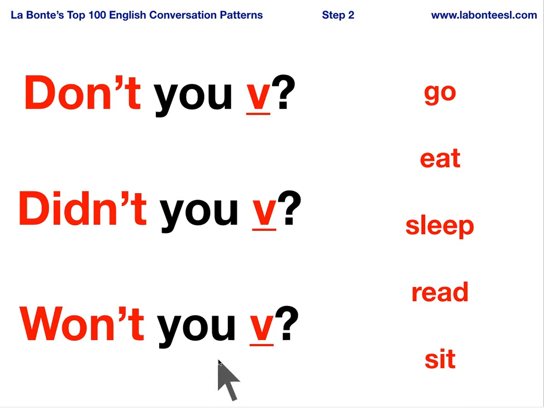"Won't you go?" I want them to give me the Korean. "Didn't you go?" And I want them to translate that back to the Korean for me, just so that I know they're making that connection in their head. Obviously, in their head, they're thinking Korean. They know Korean. They're fluent in Korean. I'm just having them make the connection with how it's done in English.